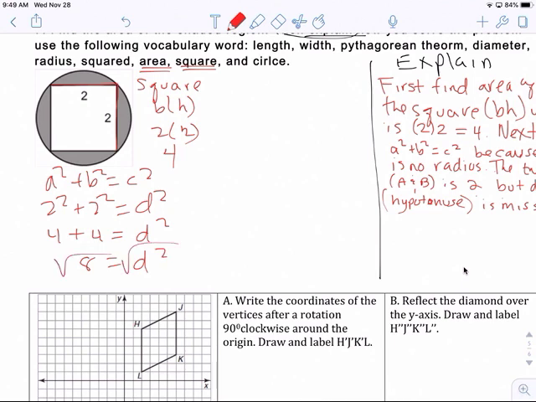Take the square root of 8, which is close to 2.8. The calculator on the computer is acting wrong, so the square root of 8 is 2.8. So 2.8 is the diameter.